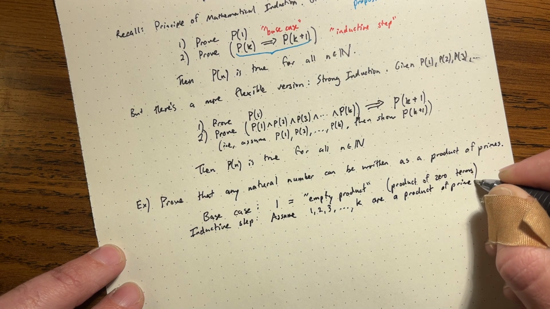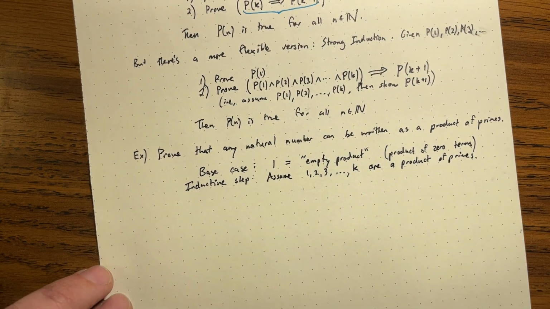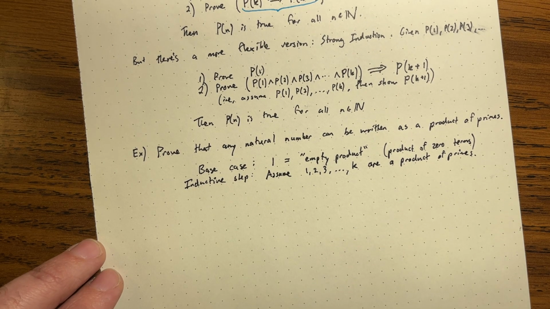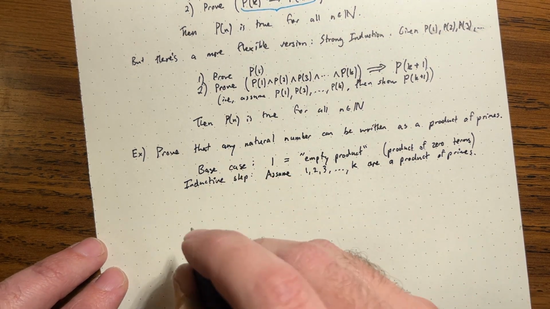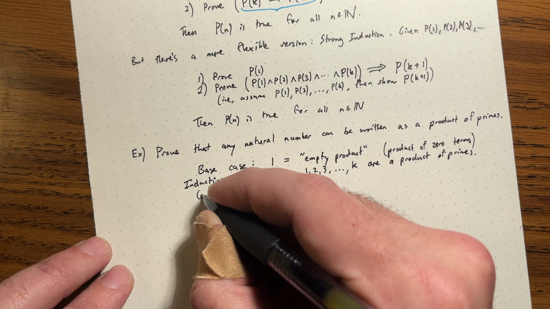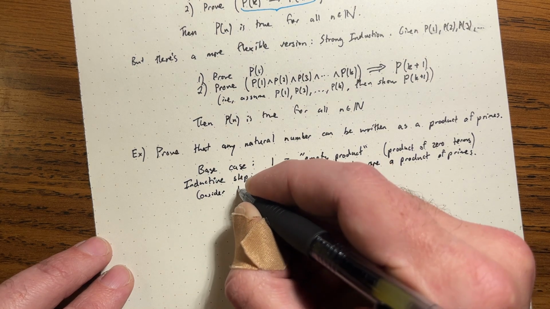Okay, every single one of them is a product of primes. And then let's consider k plus 1. So then we'll consider the next number.